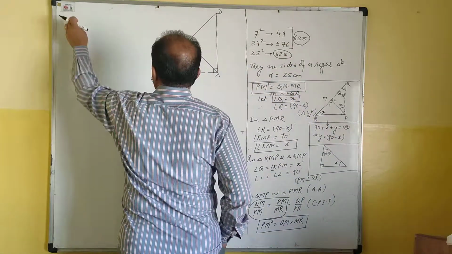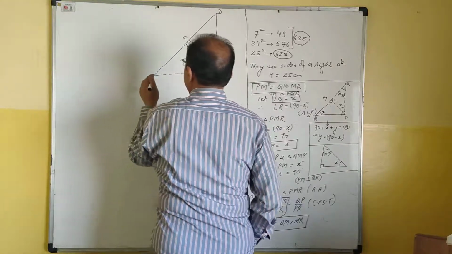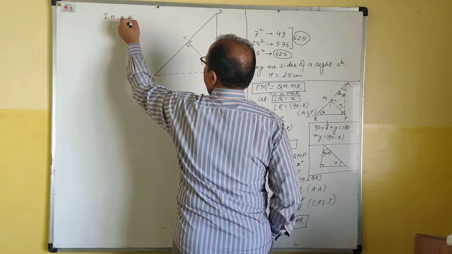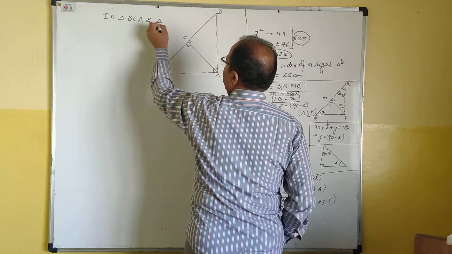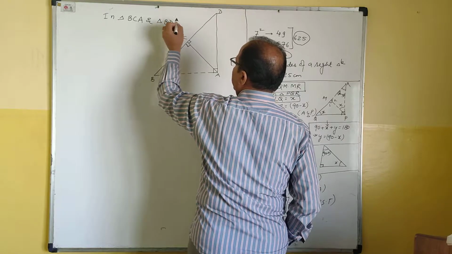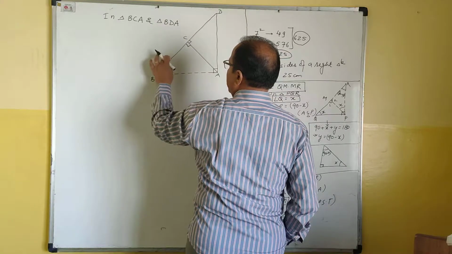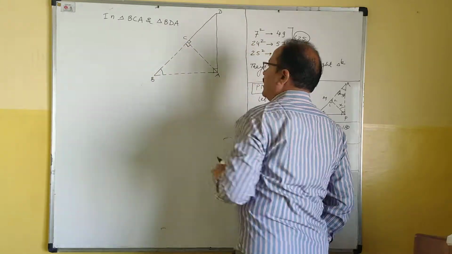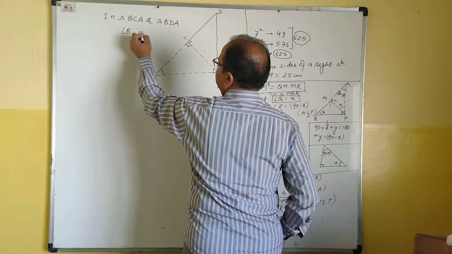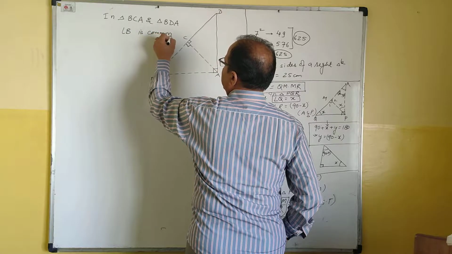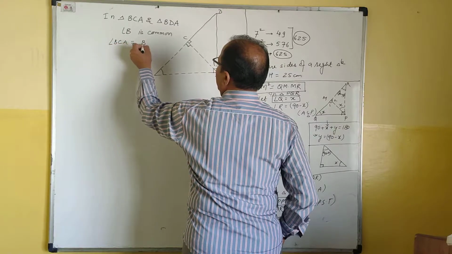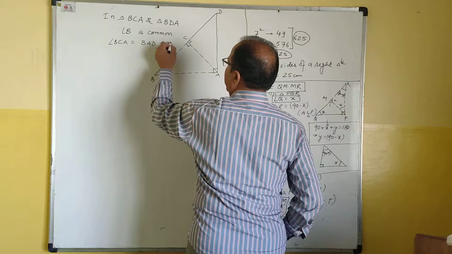Okay, so the same concept we will be using here in triangle BCA and triangle BDA. एक ही वाला ट्राइंगल लिया जैसा पाइथागोरस थ्योरम में किया था, ठीक वैसा ही एक छोटा वाला ट्राइंगल लिया है और एक बड़ा वाला ट्राइंगल लिया है. Angle B is common, and angle BCA is equal to BAD, both are 90 degree.